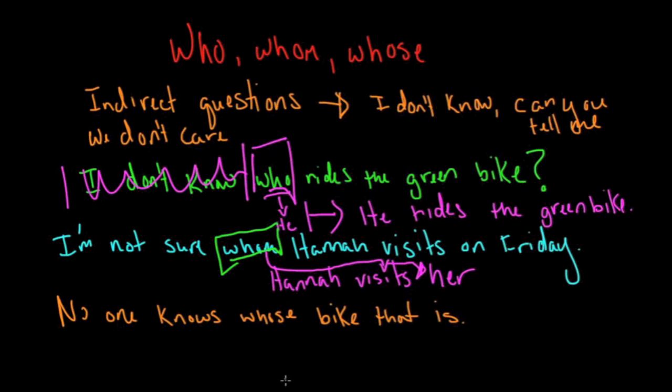So you can see whose here. And again, you can take a look and you can just get rid of no one knows and you can say, whose bike is that? Whose bike is that? And that would be the question. And of course, the answer is going to be with a possessive pronoun, her or his bike. That is his bike. So that's the first one, looking at indirect questions.